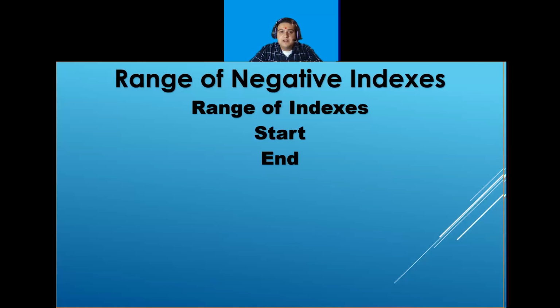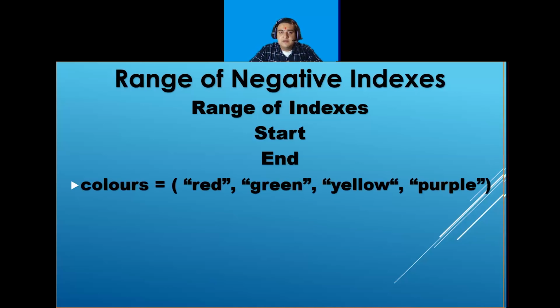So for example, here is my tuple and I want my output as red, green and yellow. I will mention red as -4. Remember the negative indexing. So here the start will be -4 and the end will be, you guessed right, -1. So here -1 will be excluded.